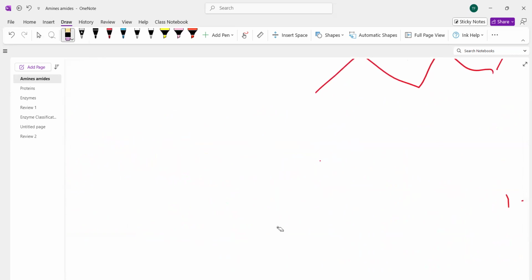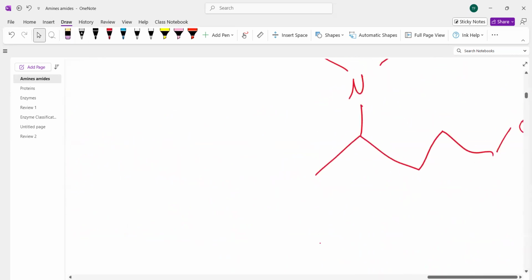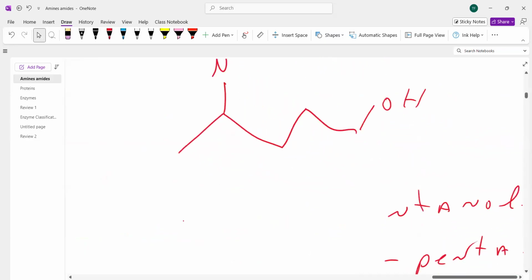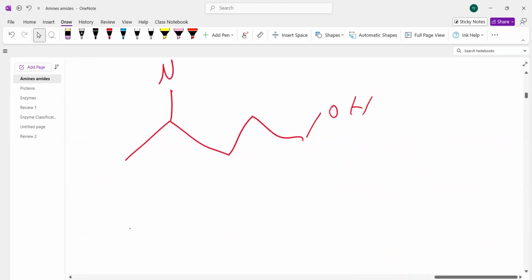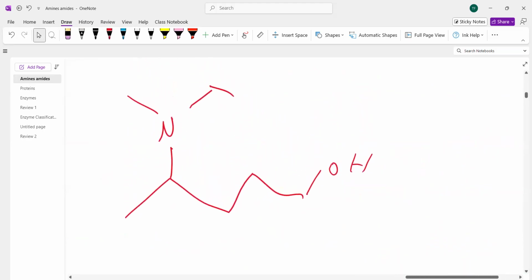Let's do a few more examples here. Okay, so this is an alcohol. 1, 2, 3, 4, 5. So it's a pentanol.